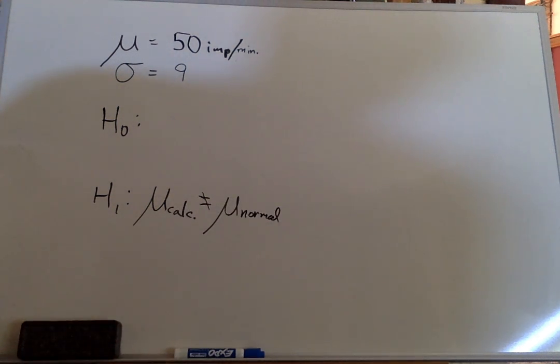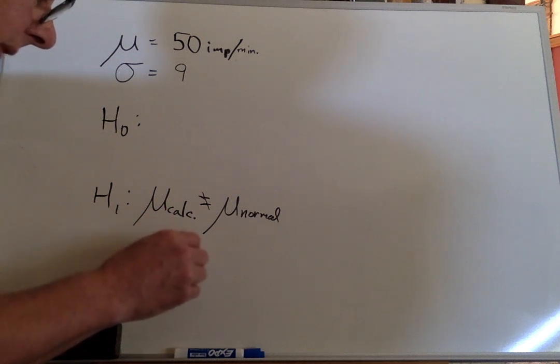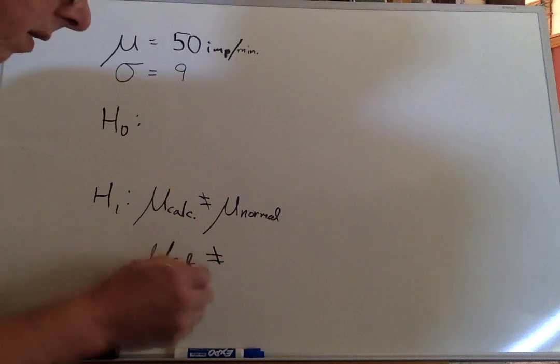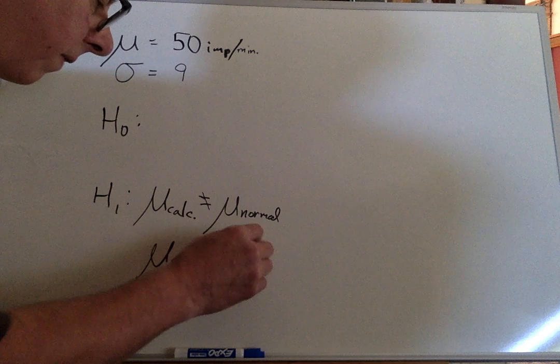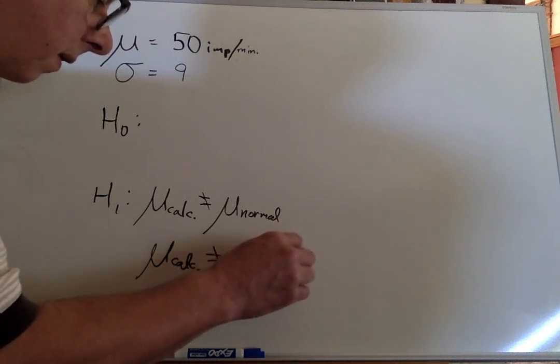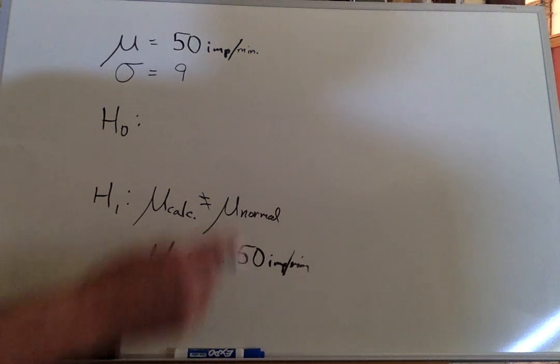Another way that we can write this is to say the population that gets calcium is going to be, the cells are going to fire at a rate that is different than 50 impulses per minute. Okay? So two different ways that we can write this.